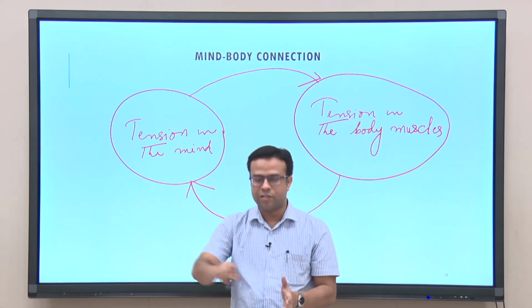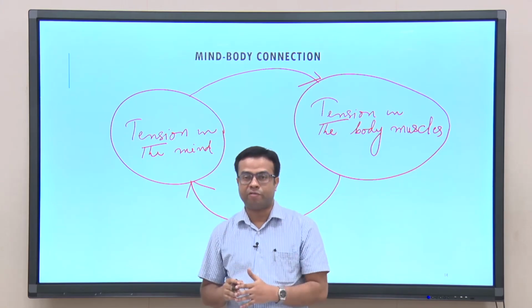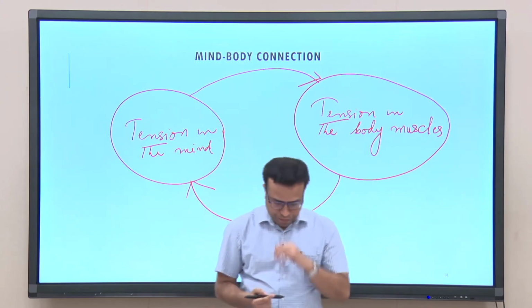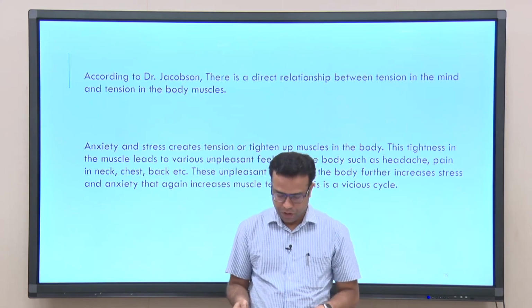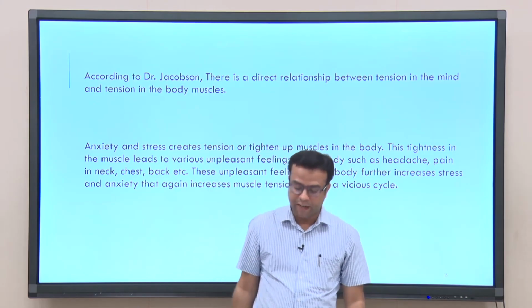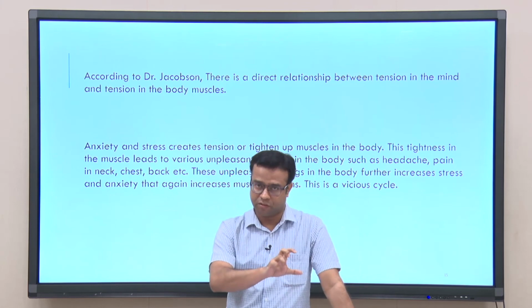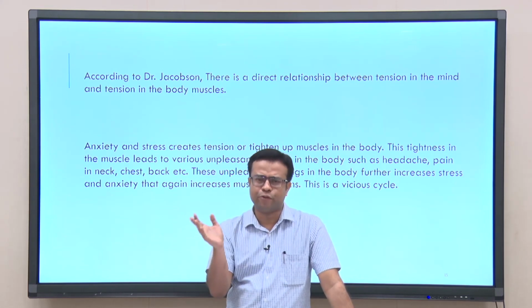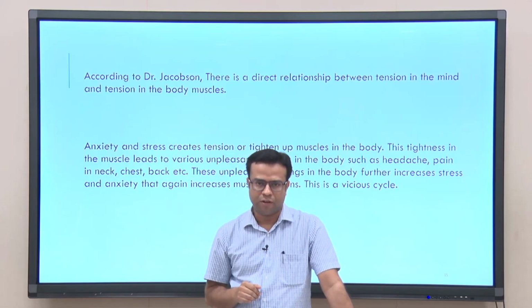Many times people find it difficult to come out of it. According to Jacobson, who developed this technique, there is a direct relationship between tension in the mind and tension in the body muscles. I think we do not need research evidence, we all can experience that in our day to day life also.